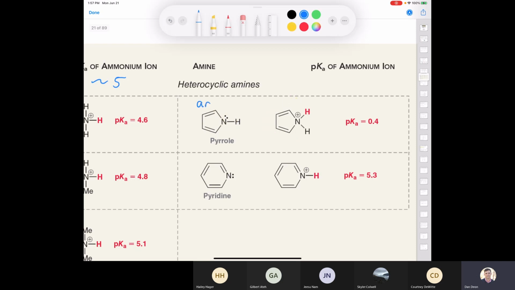You go from something that's aromatic to something that is non-aromatic. Whereas here, even when you protonate pyridine, it's still aromatic. So that means that pyridine is going to be a much stronger base. Remember, the higher the pKa, the weaker the acid, and therefore the stronger the conjugate base.